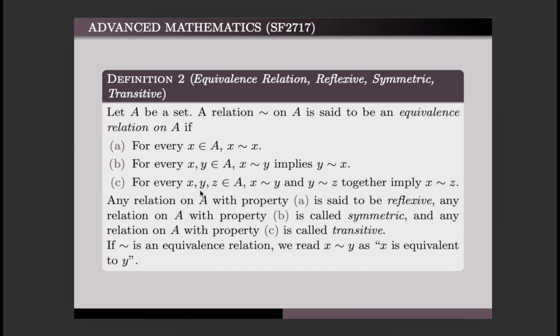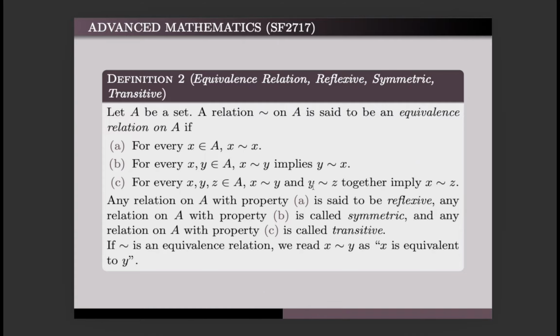If you pick any three elements x, y, and z in A, such that x is related to y, but y is related to z, then these together imply that x is also related to z. Okay? If a relation has all these properties simultaneously, we call it an equivalence relation. Yes? Is that clear?